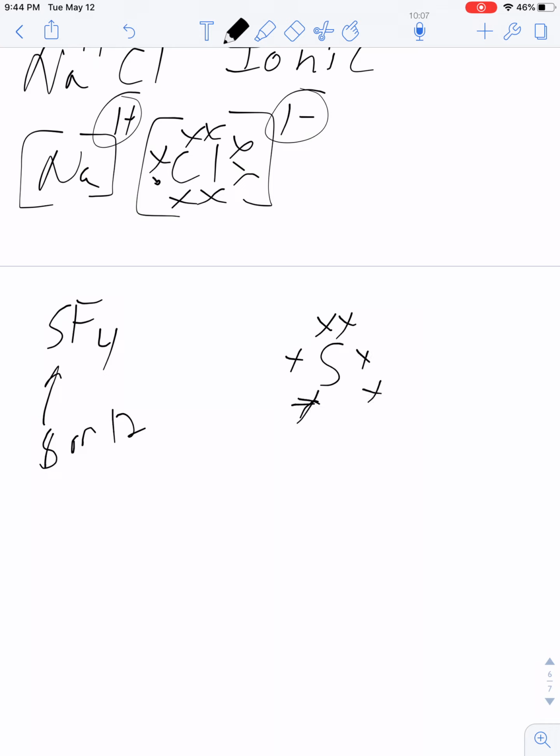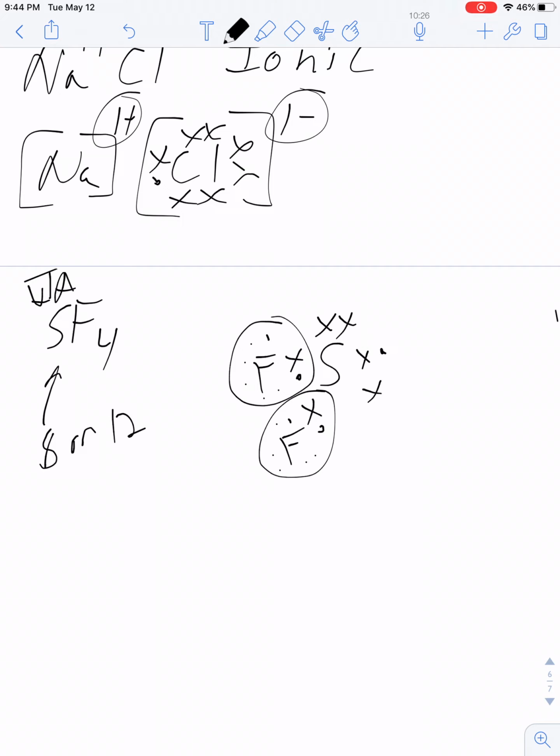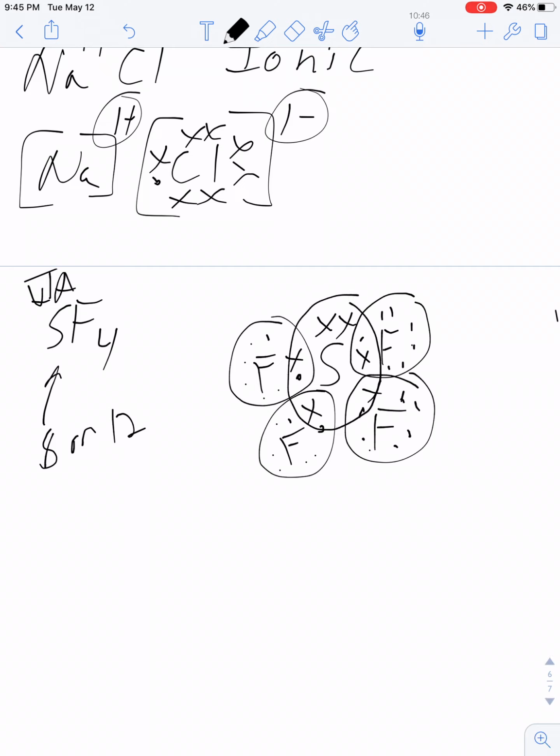So the sulfur starts off with its 6 because it's in group 6A. And then fluorine wants to get 8. So there's 8 there, 8 there. That fluorine's got 8. This fluorine has 8. Okay, and the sulfur ends up with 10 in this case.